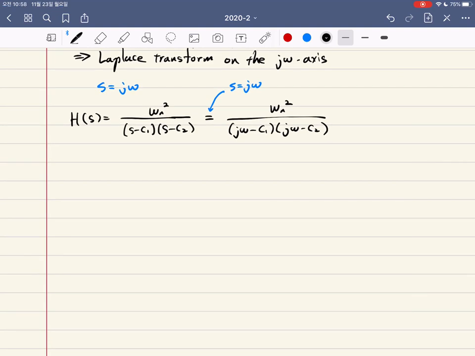So to obtain the magnitude and phase, we would like to use the polar form. That's the advantage of polar form.